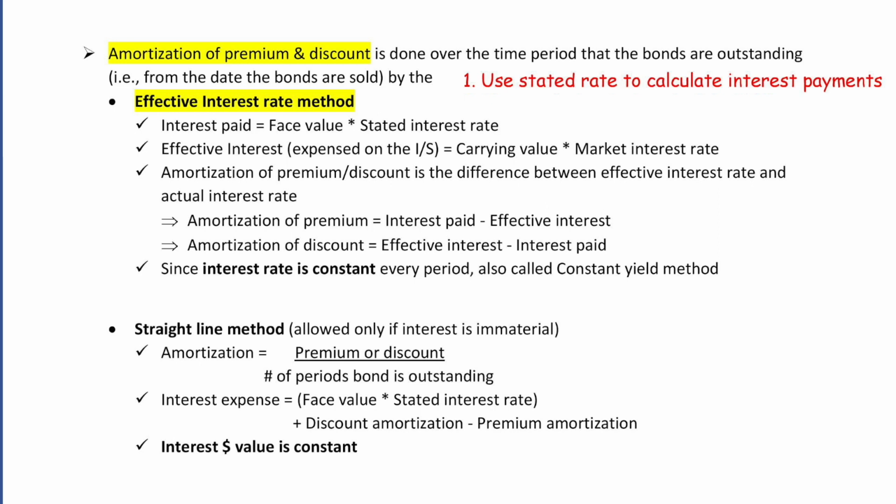Number 2, use market rate to calculate present value and effective interest. So you got to be very comfortable with the use of stated rate and market rate. To calculate interest payments, naturally we got to use the interest rate printed on the bond, the stated rate. But to calculate the present value and effective interest, we're going to use the market rate, which is also called the effective interest rate.